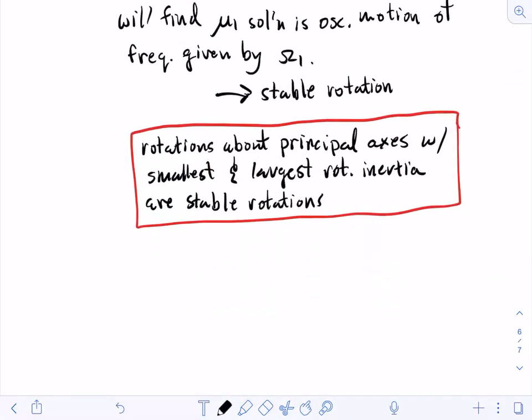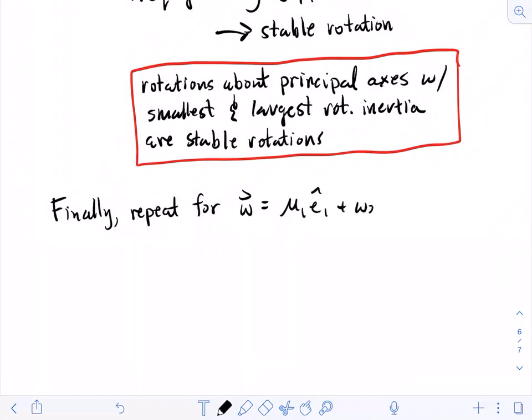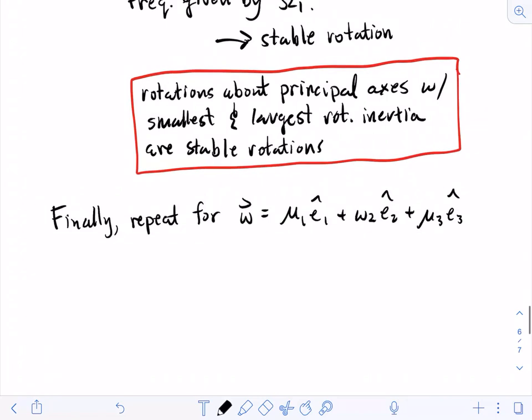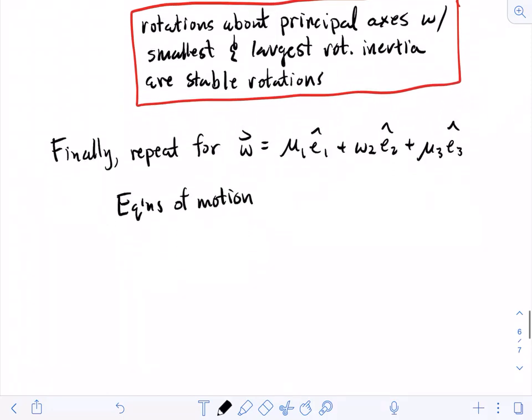All right, so finally, what we have is one more case to consider. So finally, let's repeat this analysis for an angular velocity that's predominantly aligned with the second principal axis. All right, the procedure is the same. We start with Euler's equations of motion.